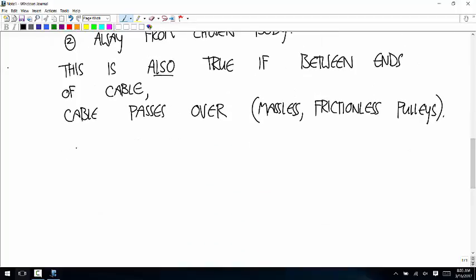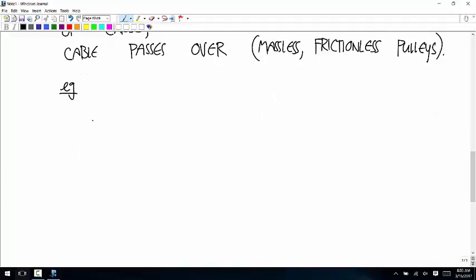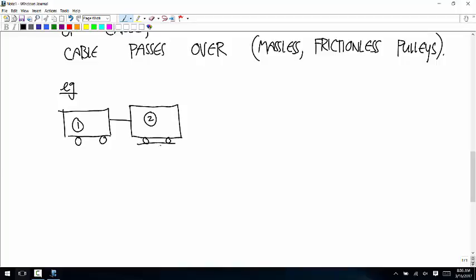Okay, so for example, if that's body 1 and that's body 2, and let's say this is a force F. Let's draw free body diagrams of bodies 1 and 2.